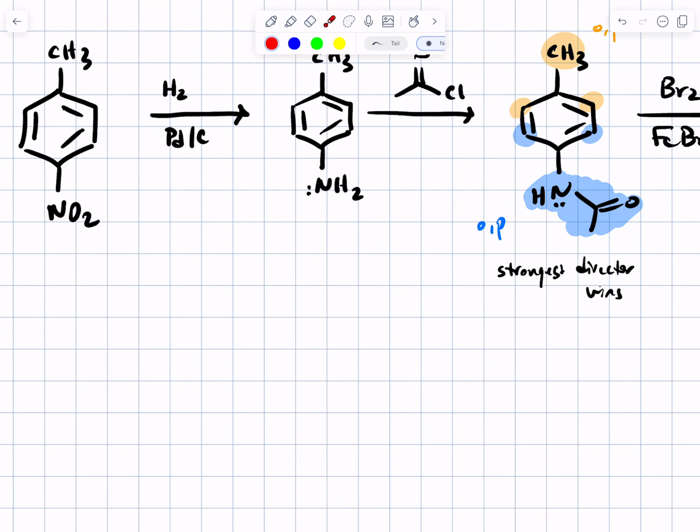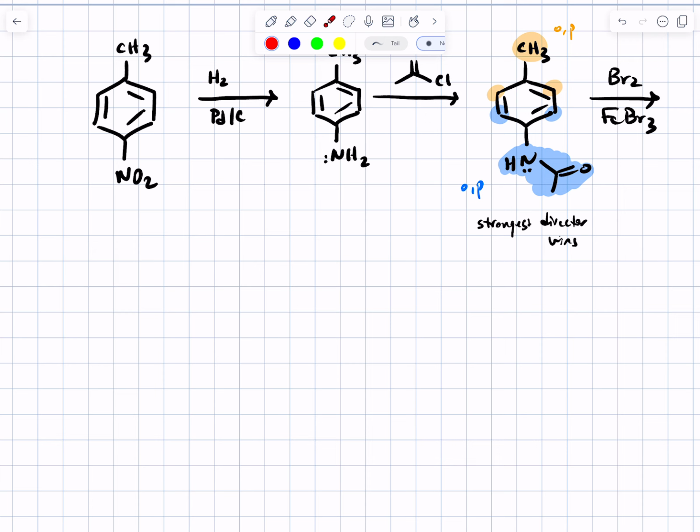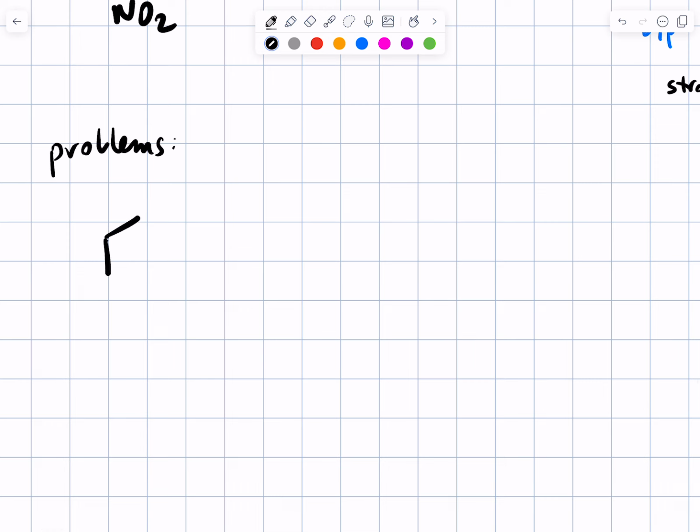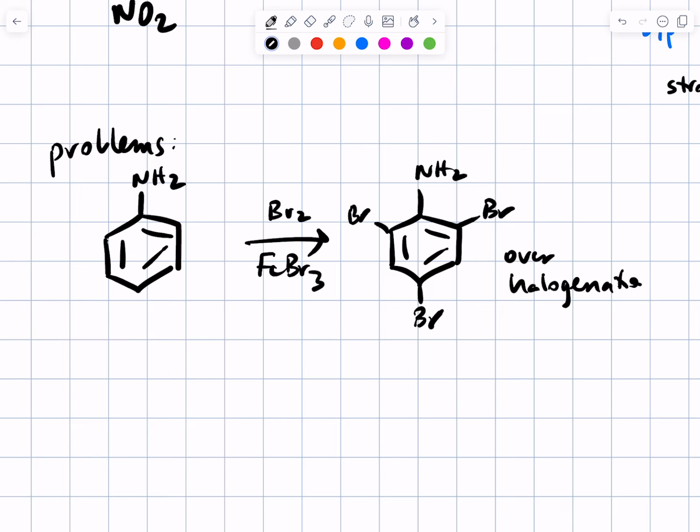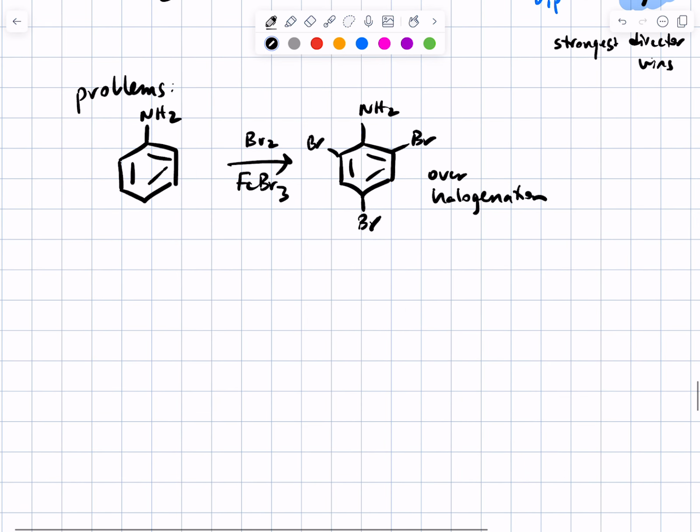In fact, this is one of these problems that I told you your text would talk about, and we'd maybe deal with as it comes up. One of the problems that you see with anilines and phenols is if you try to do the Lewis acid catalyzed halogenation, it turns out that because the aniline is so much more nucleophilic than benzene, you actually get over-halogenation, which is great if you wanted tribromoaniline.